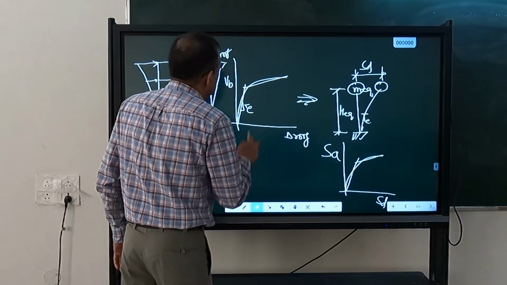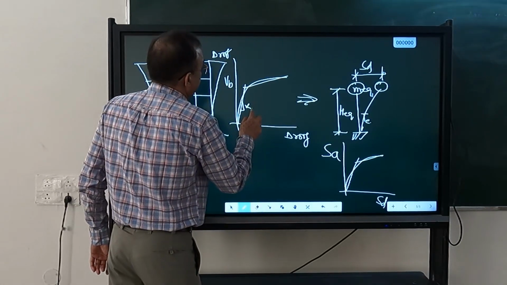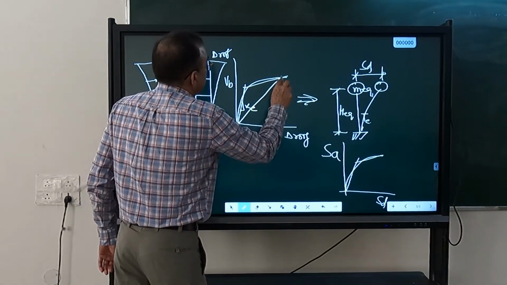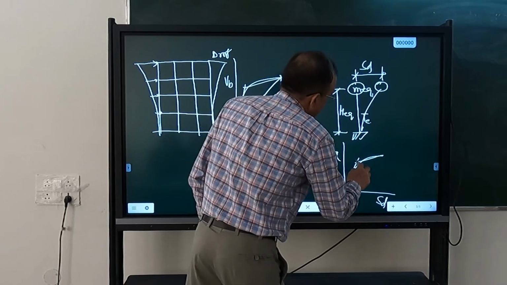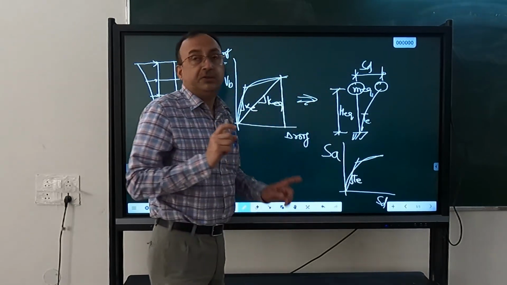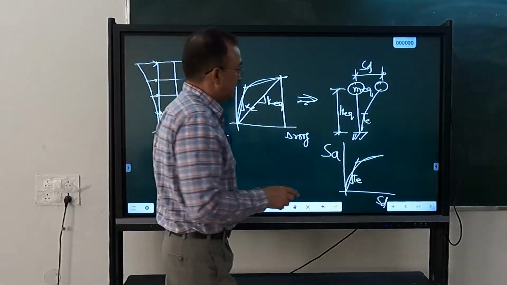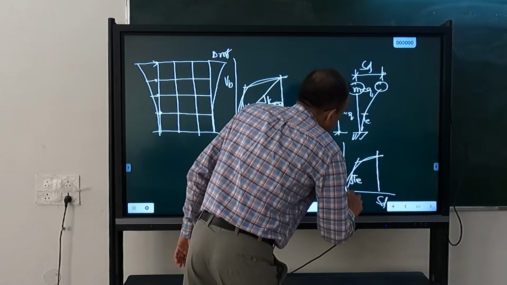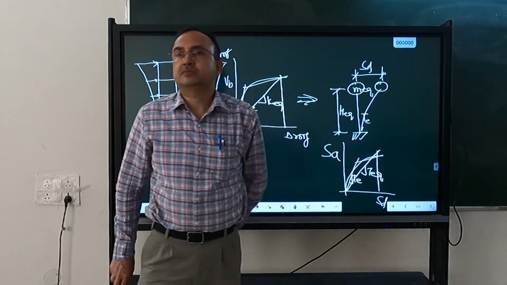Actually the slope here is not giving us TE, the slope is giving us KE, and K equivalent. And here this slope is depending on T. Slope is not T, remember? And this will give us T equivalent.